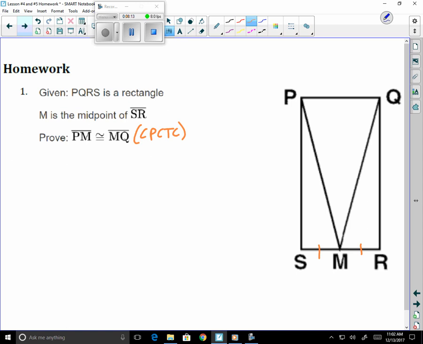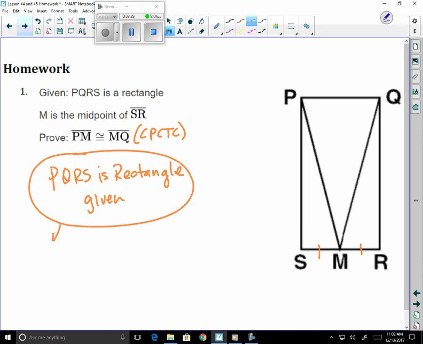So let's take a look at that first given, because that first given tells us a lot. So I could say PQRS is a rectangle. That's given. Now because it's a rectangle, I can say angle S is congruent to angle R. I know that because in a rectangle, all of the angles are congruent to each other.